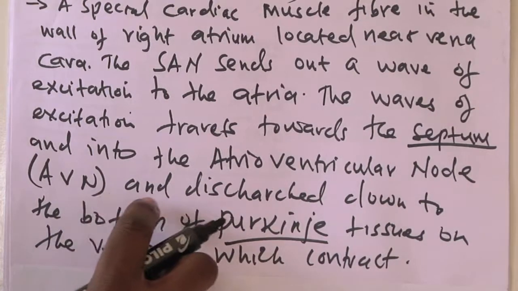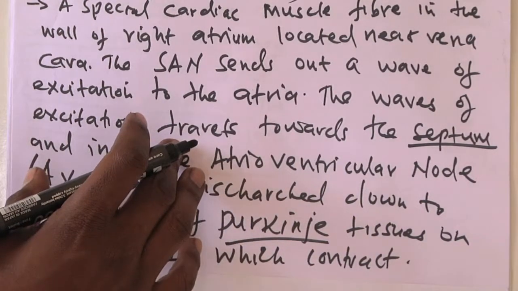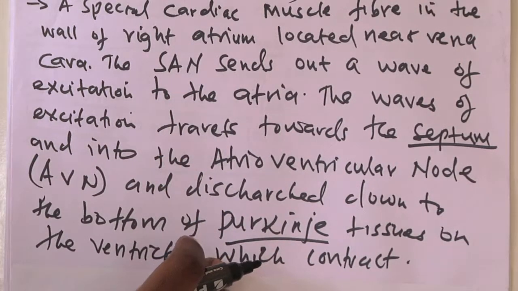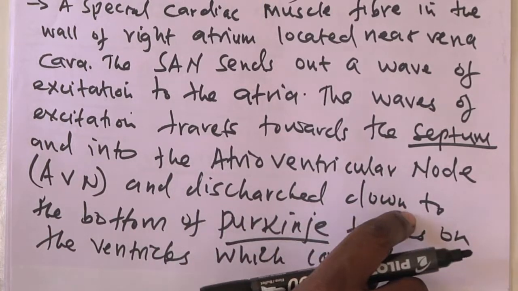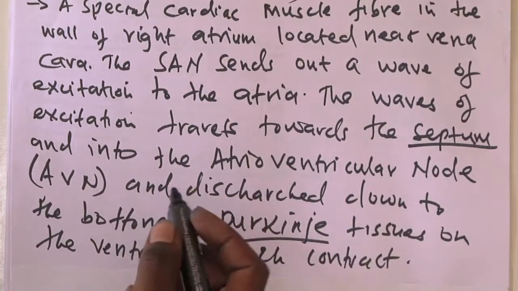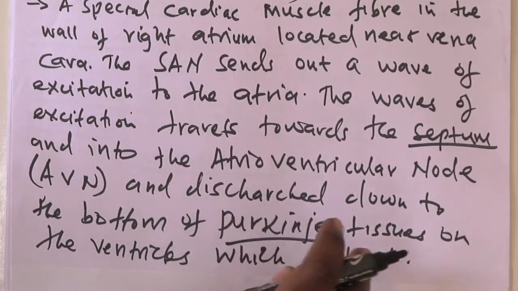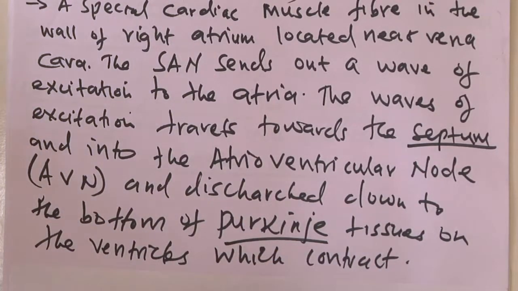The atrioventricular node is always located just above the sinoatrial node, but along the interventricular septum, and it discharges down. The wave of contraction is always discharged down to the bottom of the Purkinje tissues on the ventricles, which later on contract.